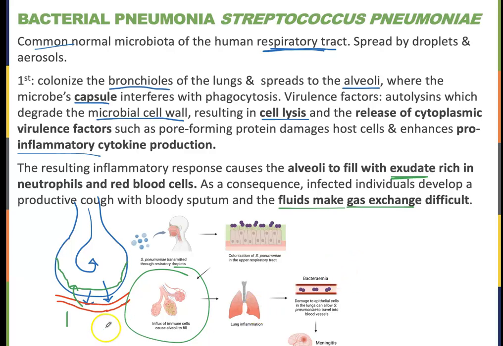And because your blood vessels are right there, it's pretty easy for those bacteria to get into the bloodstream. One serious consequence of strep pneumo is meningitis. There's another strain that causes meningitis, Streptococcus meningitidis, actually, that we'll talk about as well in a future chapter.